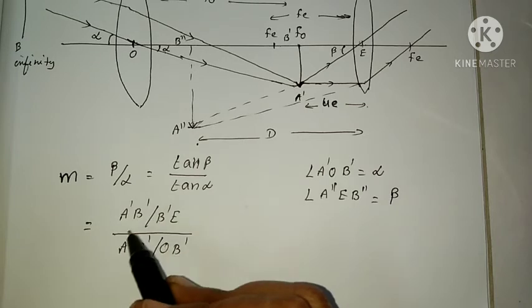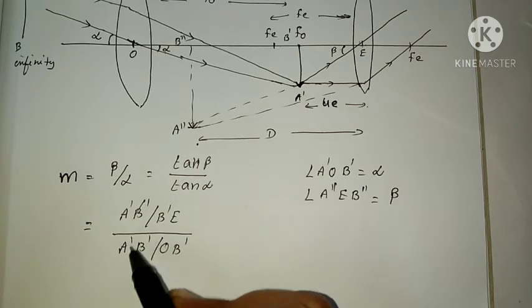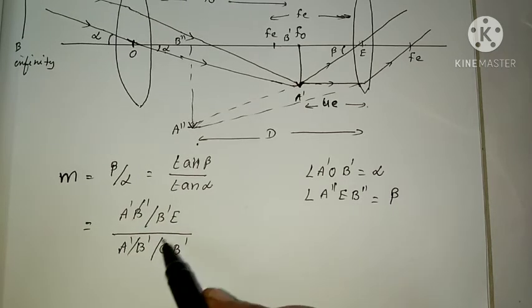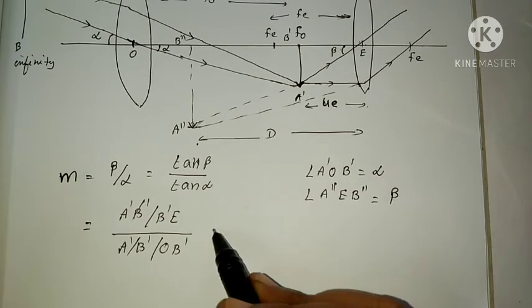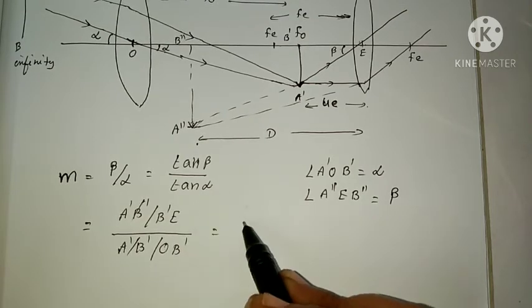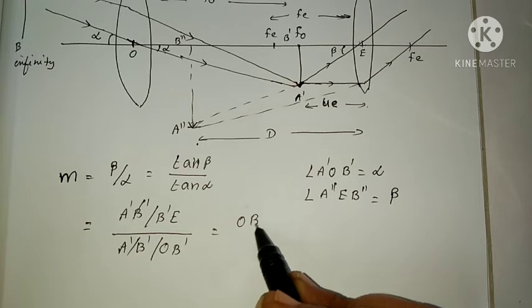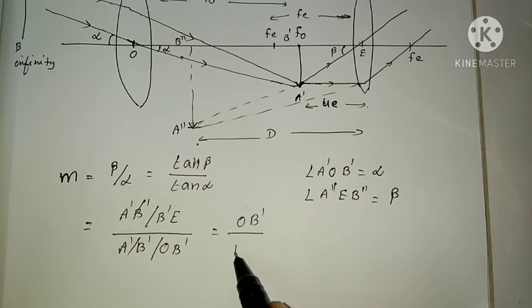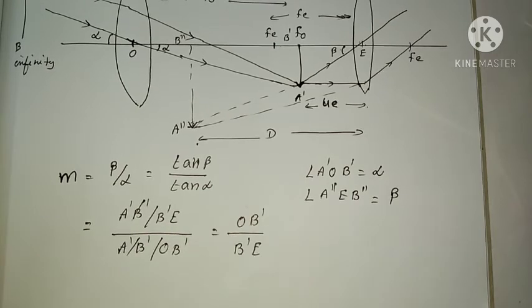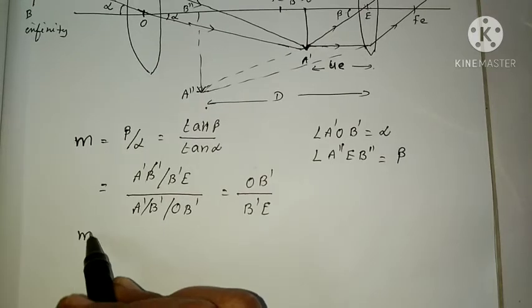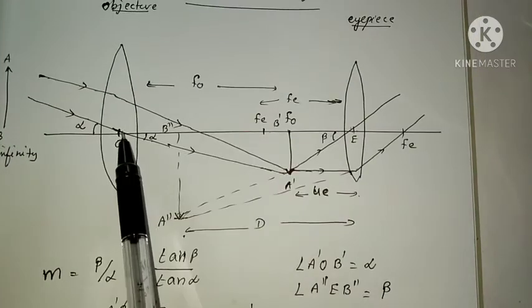Clear? So A dash B dash we can cancel. What is remaining? O B dash comes to the numerator, divided by B dash E. What is O B dash from the figure?